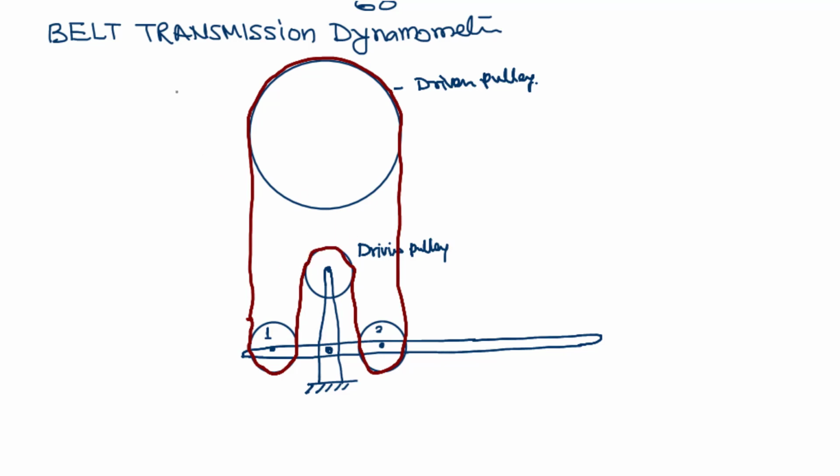So this is the belt. It means the power is transmitted from the driving pulley to the driven pulley.